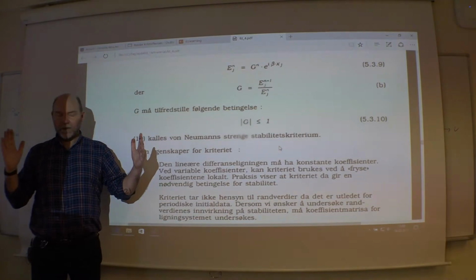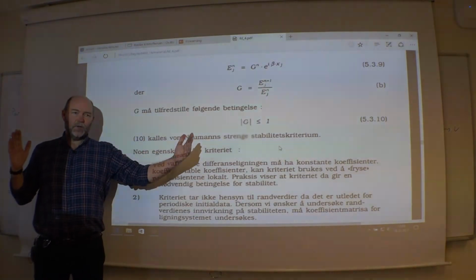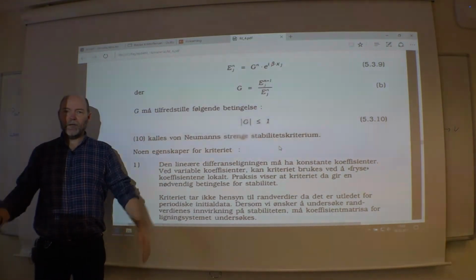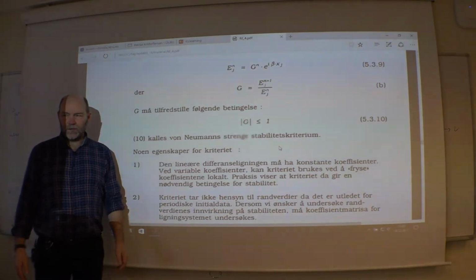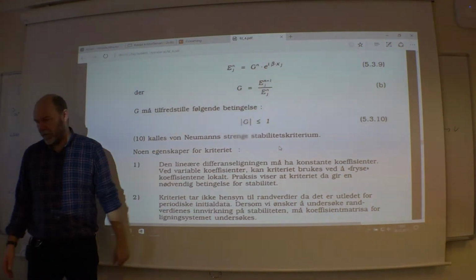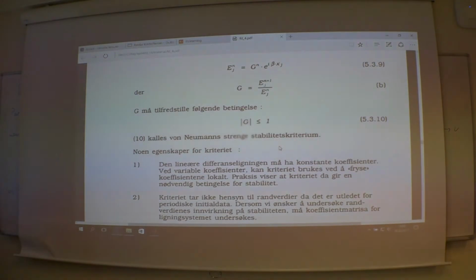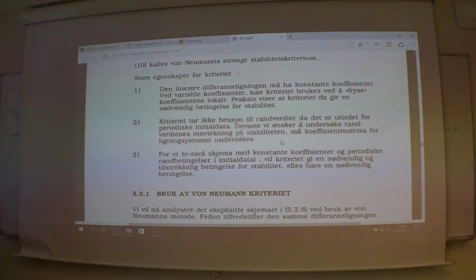So whatever you send in goes out on the other side. You don't get your boundary conditions into the equation system at all. So it does not cover the boundary conditions. Typically, you can have different criteria from the internal domain versus criteria arising from the boundary conditions. So the von Neumann method can be dangerous. It doesn't cover the boundary conditions.